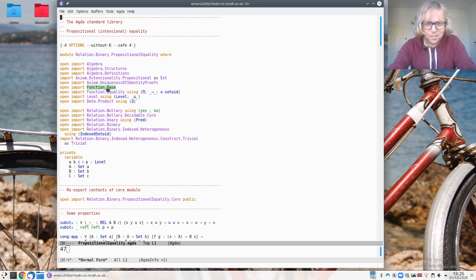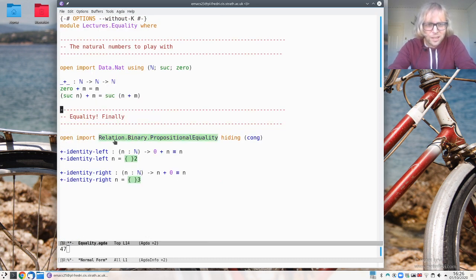Okay, so let's just go back to where we were, and let's see how we actually use that. So hopefully if that seemed a bit strange, it will become clear in a second. So let's say that we wanted to prove that 0 plus n equals n. And we wanted this for every n, so that's why we introduced this with one of these dependent function spaces, because that's how we represent for all, remember.